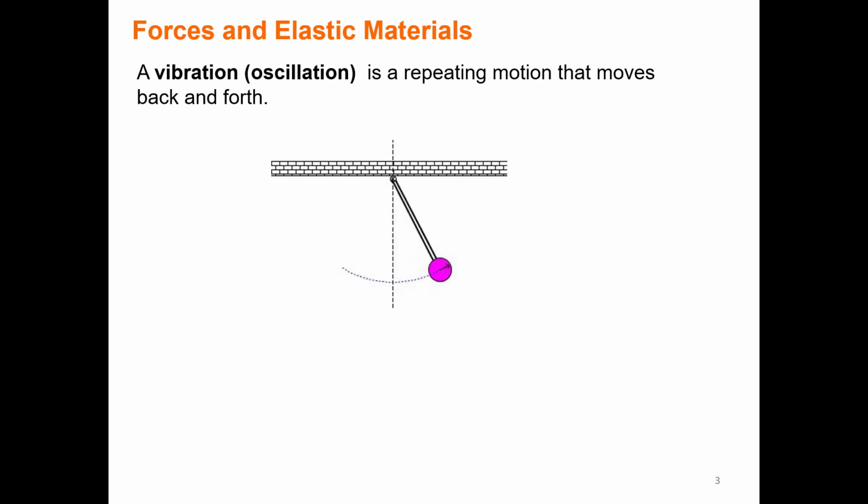Here we have one example of vibration. We can see this motion moves back and forth, and this pendulum is moving around some equilibrium position. We can see it is moving around this line, and this is called the equilibrium position.